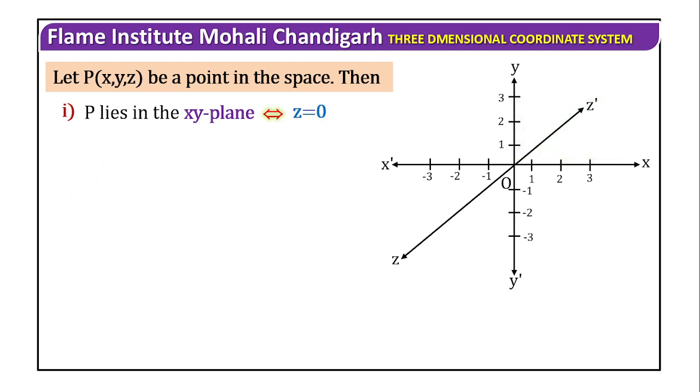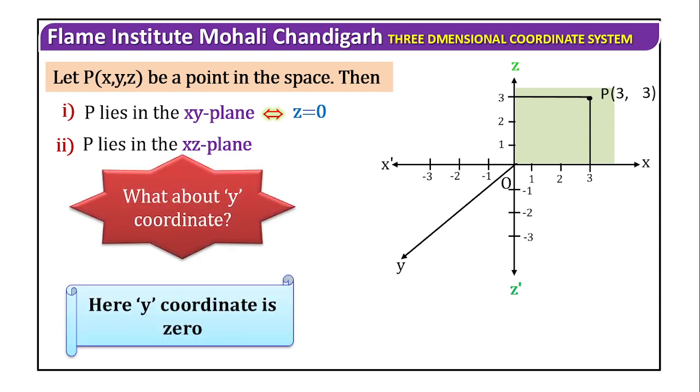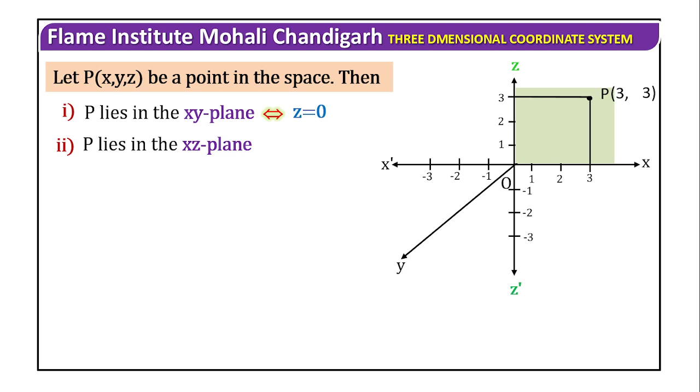Now, let's take another point. If P lies in the xz plane, that shaded area, the value of x is 3 and z is also 3. Now what about the y coordinate? The y coordinate is obviously 0.